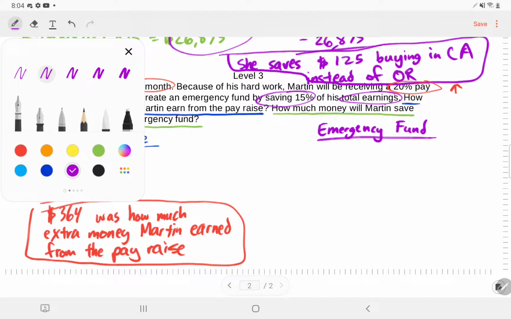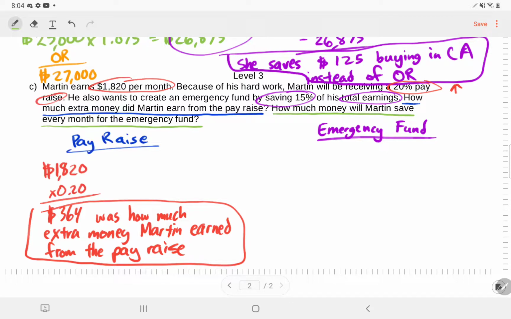To find the total earnings, we're going to take the $1,820 that he originally earned, add in the $364 in pay raise. That would give us a total of $2,184, which is the total monthly after the pay raise.